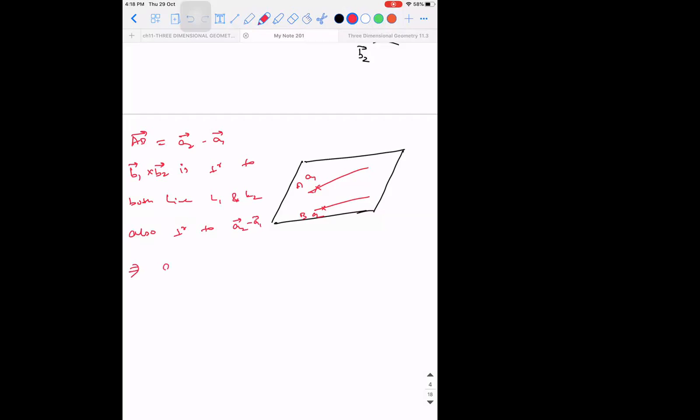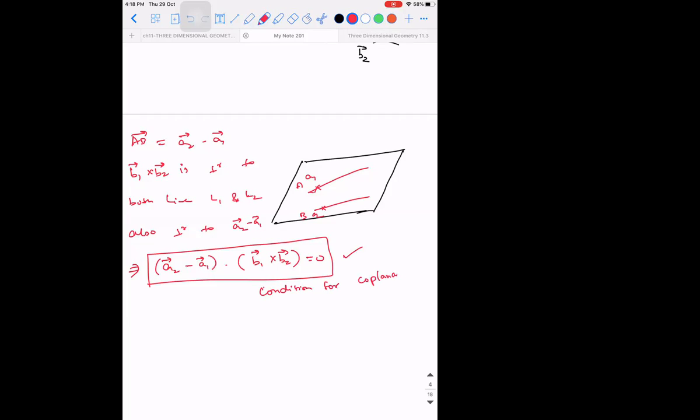So which implies the dot product A2 vector minus A1 vector dot B1 vector cross B2 vector is equal to 0. So this is the condition for coplanarity.